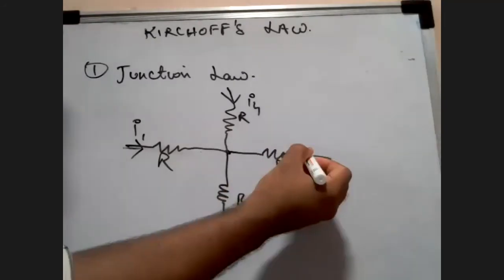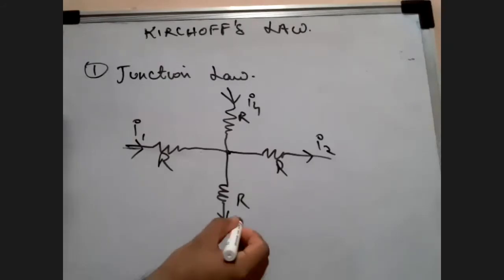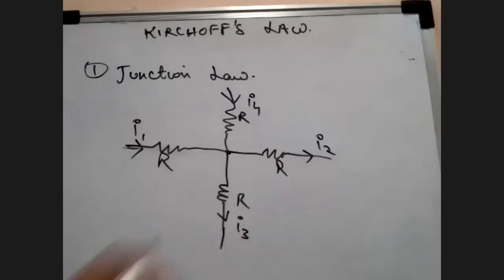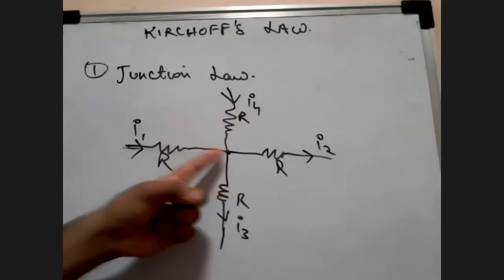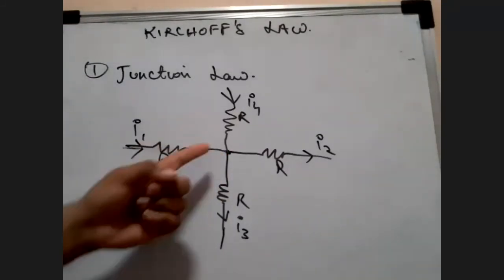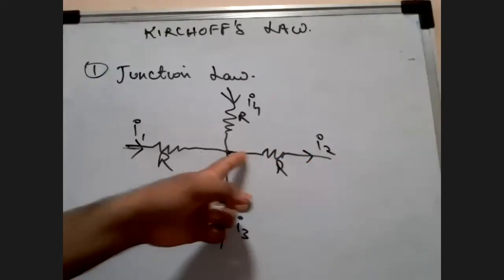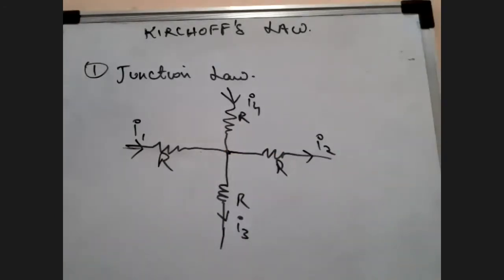Let's say the current here is I2, the current here is I3. Then the current entering this point, I1 and I4, will be equal to the current going out of this point, I2 and I3. Can you agree with that?